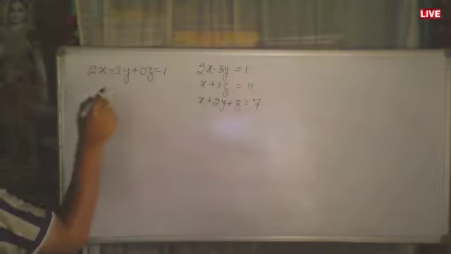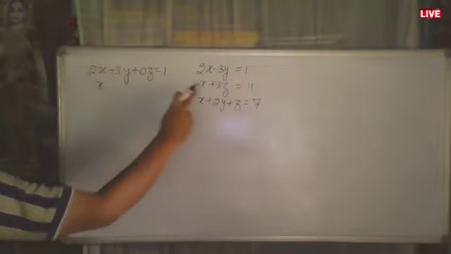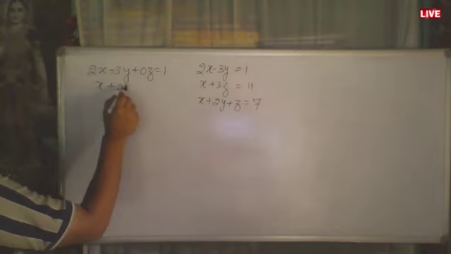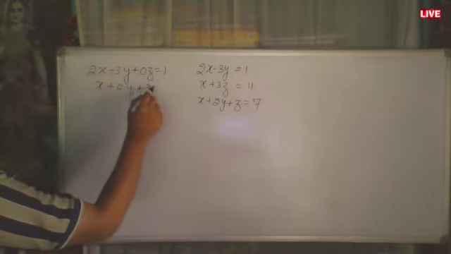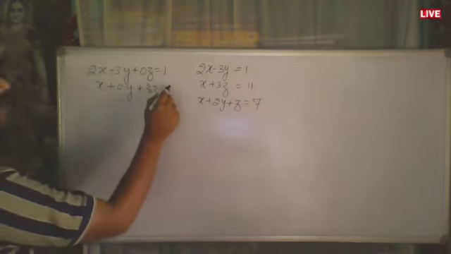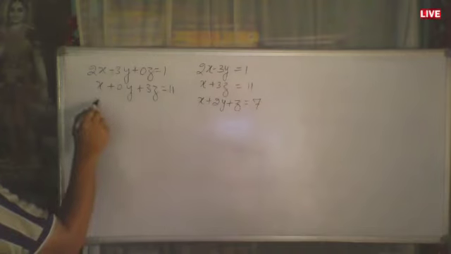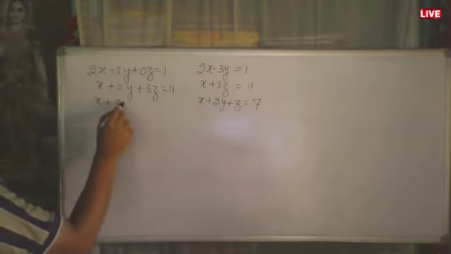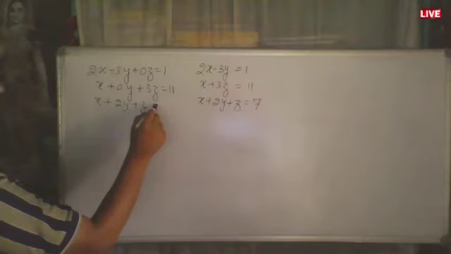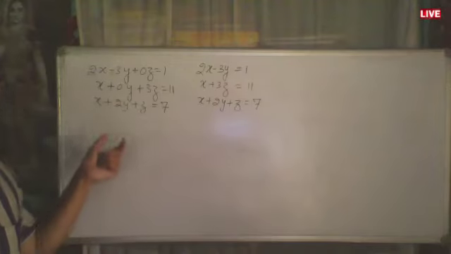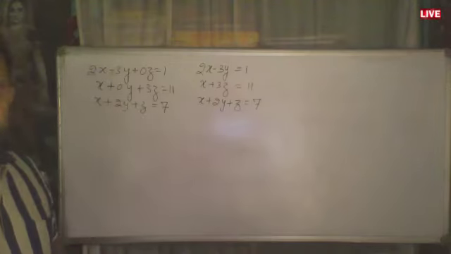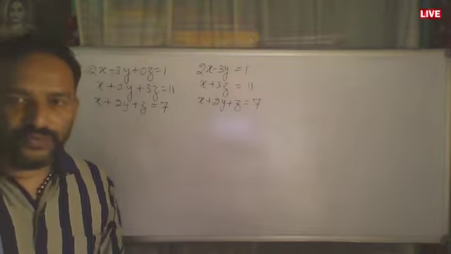Then here we have x, nothing with y, so 0y plus 3z is equal to 11, and x plus 2y plus z is equal to 7. Now this system of linear equations is in its standard form.